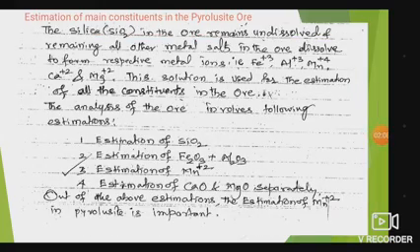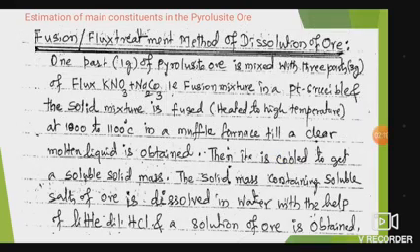What is the fusion method? I am repeating it once again. One gram of pyrolusite ore is mixed with 3 parts of the flux, KNO3 and Na2CO3, the fusion mixture, in a platinum crucible.